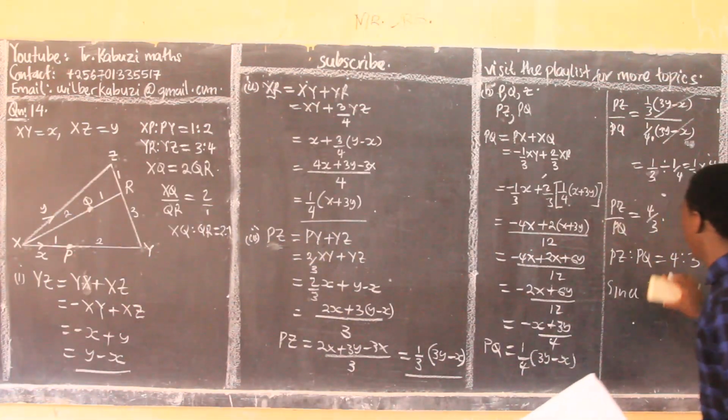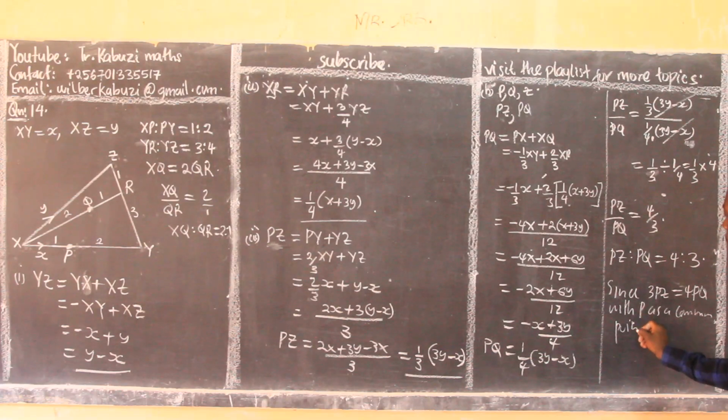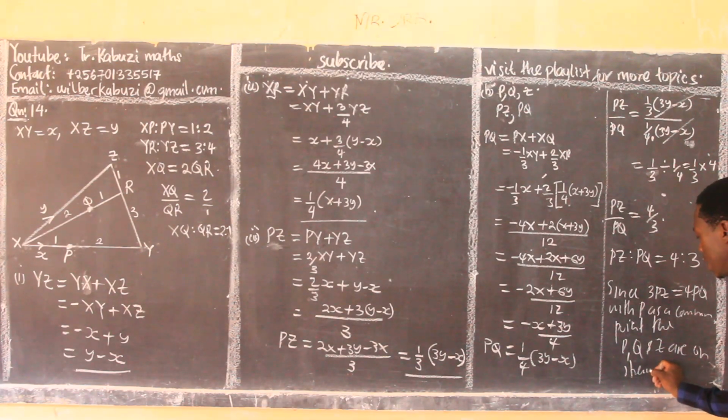So depending on, you can also conclude that since 3 PZ equals 4 PQ, with P as a common point, then P, Q and Z are on a straight line.